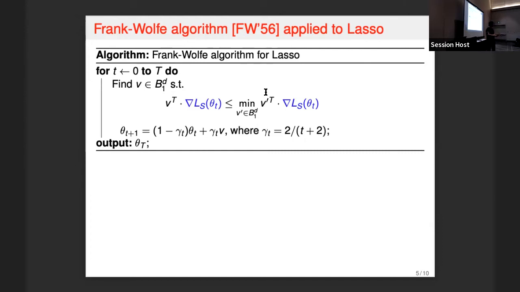After we find this vector, we use it and the previous candidate to output a new candidate theta t plus 1. Please note that both our loss function and our domain are convex, so we are allowed to use a convex optimization algorithm.